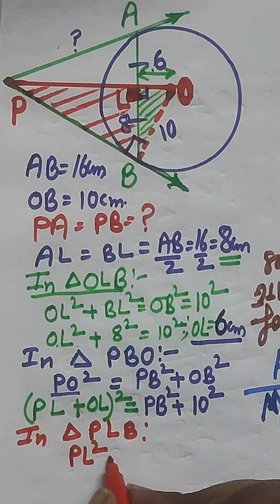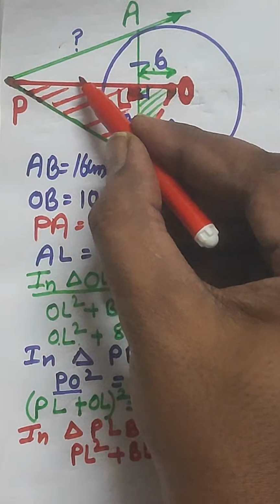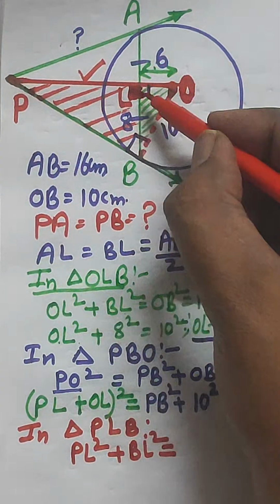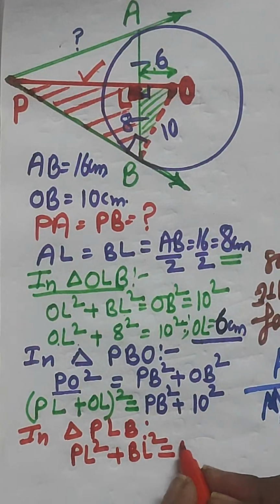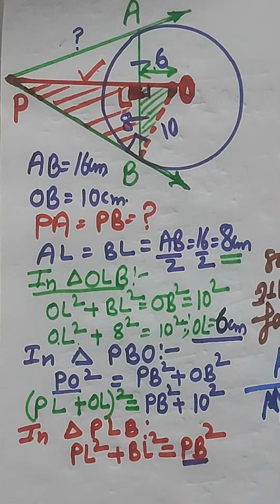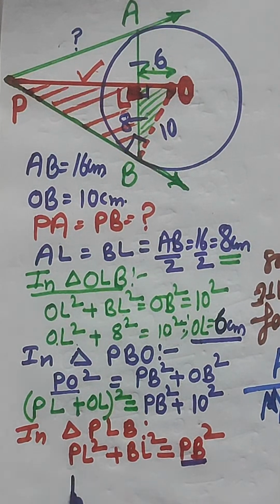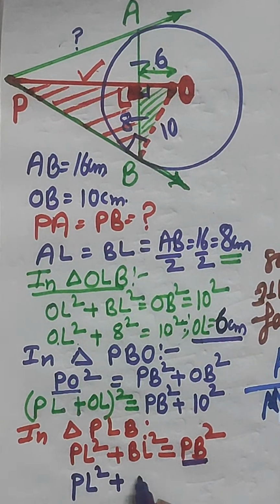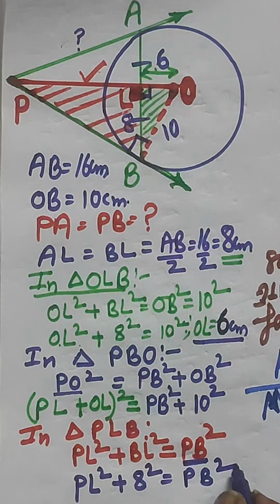I am writing it here because I will show you the benefit of this: you can easily substitute the value of PB square here, and you know the length of BL. BL is 8 square. So PL square plus 8 square is the value of PB square.